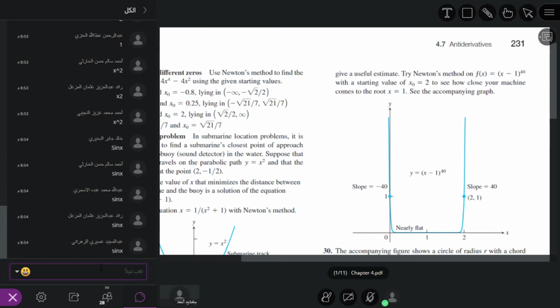A function capital F is an antiderivative of small f on an interval I if... Here there is a small mistake in the book. Here we have capital F, not small.